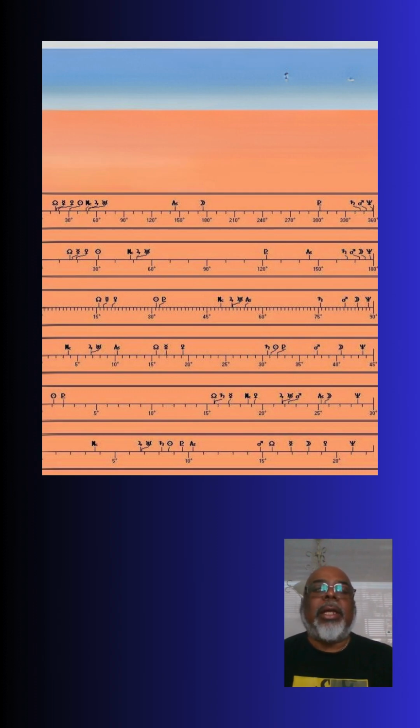You just add 45 to the number, and if it's over 30 degrees, subtract it. If it's still over 30 degrees, subtract it again, and that should give you the degrees within each 30-degree sign. And believe me, if it's a little confusing, it is at first, but it's not as bad as it sounds coming from me at this time.